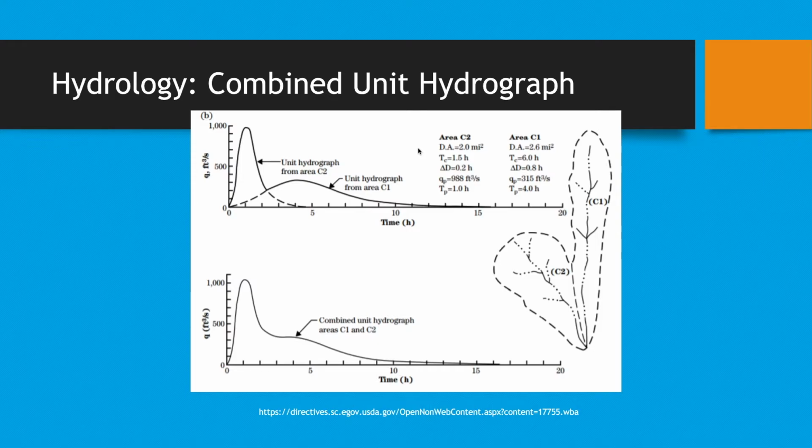Okay, so you can also combine unit hydrographs. They're additive. These hydrographs that we've been talking about are for what are termed regular shaped basins or watersheds. So either one of these, C1 or C2 here, could be considered a regular basin.